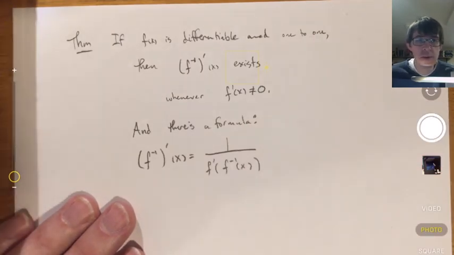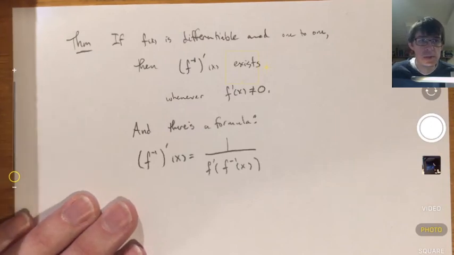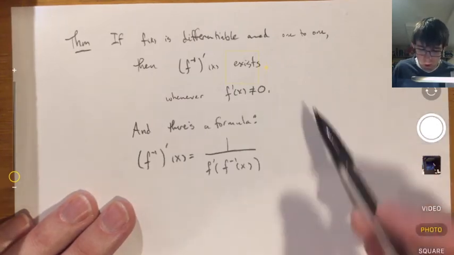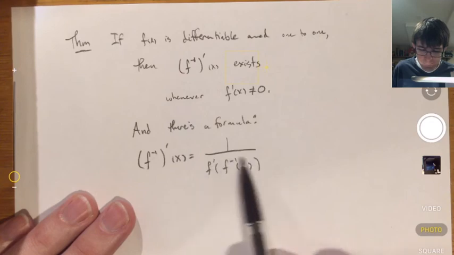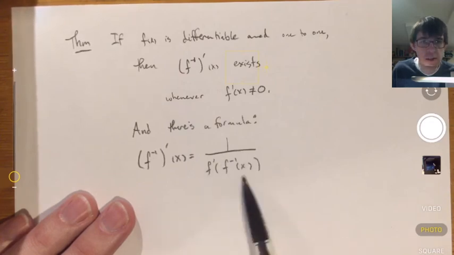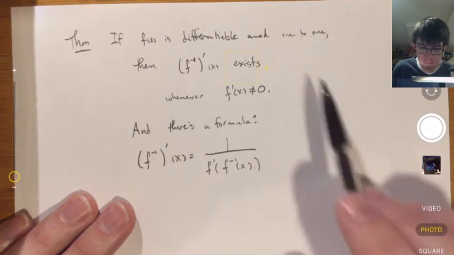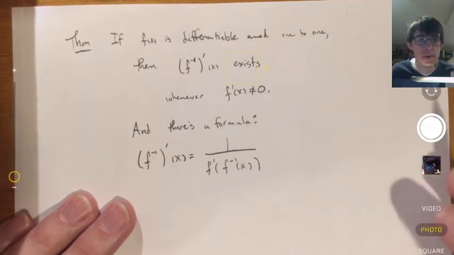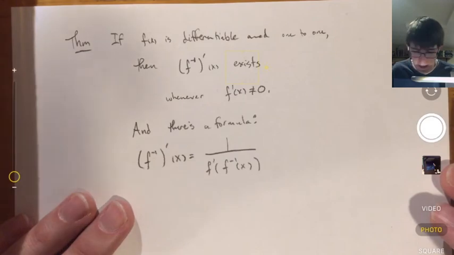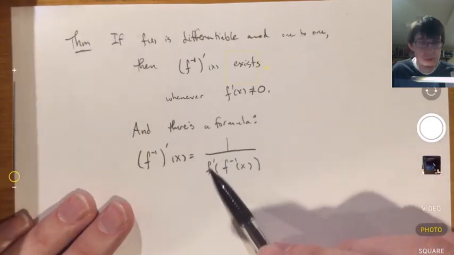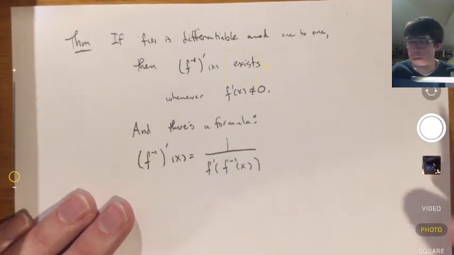This is how you find the derivative of the inverse of something. And you will notice that there are going to be issues when you have a 0 in this denominator. That's the problem that I mentioned before. The derivative of the inverse exists whenever this f prime of something is not 0. All right.